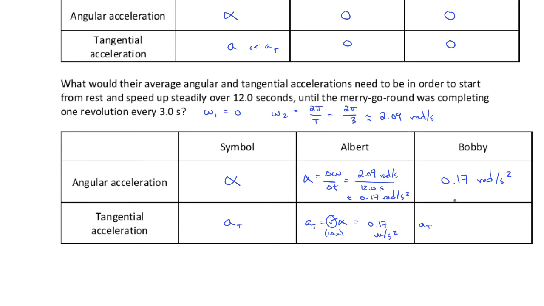But because for Bobby the radius is equal to 2, the tangential acceleration is equal to 2 times 0.17 radians per second squared, and that gives you 0.34 meters per second squared. So again, because Bobby is further out, he experiences a greater tangential acceleration. So that's an introduction to angular displacement, velocity, and acceleration.